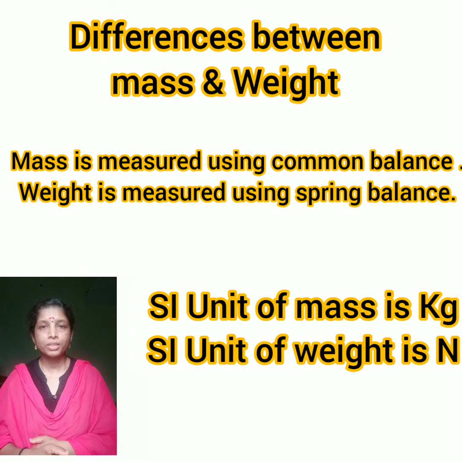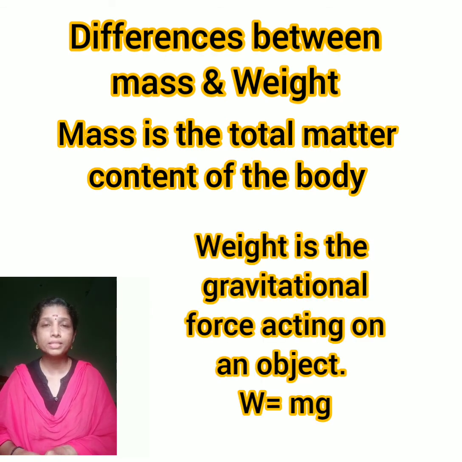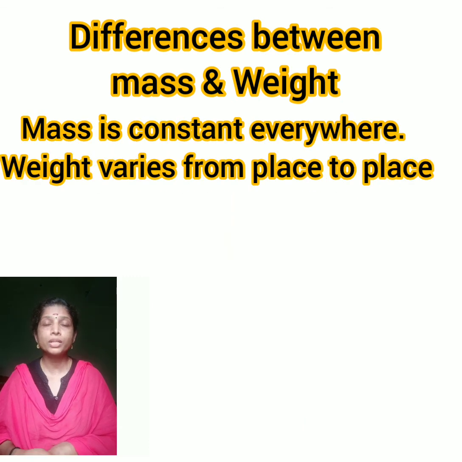Okay, so these are the differences between mass and weight. First, mass is the total matter content of the body. Weight is the gravitational force acting on the object, that is, W is equal to mg. Mass is constant everywhere in the universe, but weight varies from place to place.